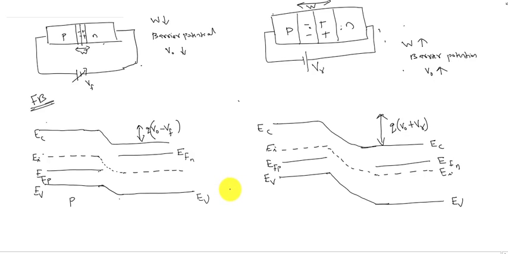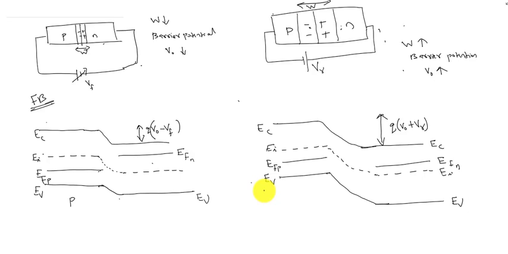The barrier potential is changing from QV0 minus VF for forward bias condition, and it is changing to QV0 plus VR for reverse bias condition. So these are the energy band diagrams under equilibrium condition and forward and reverse bias conditions.